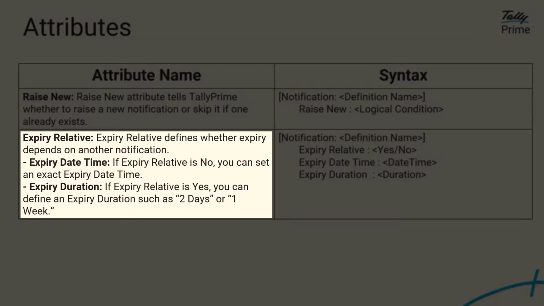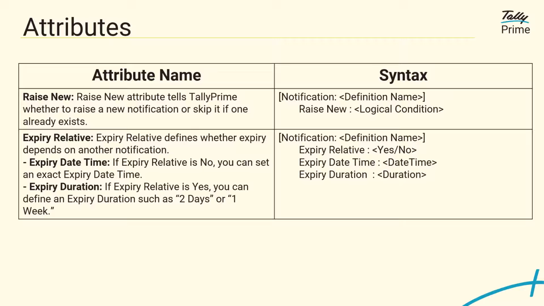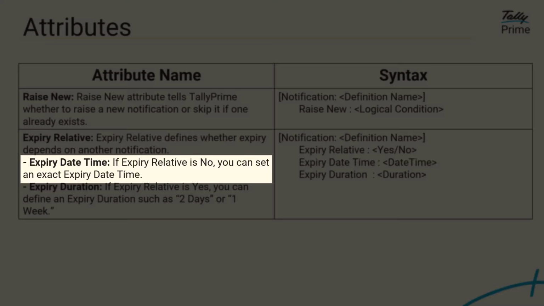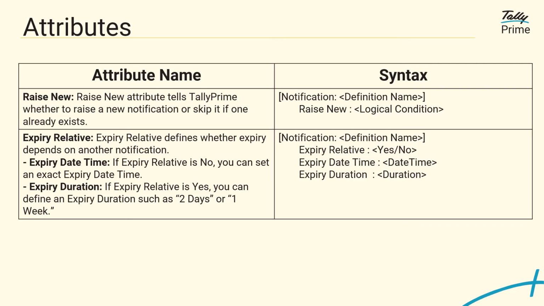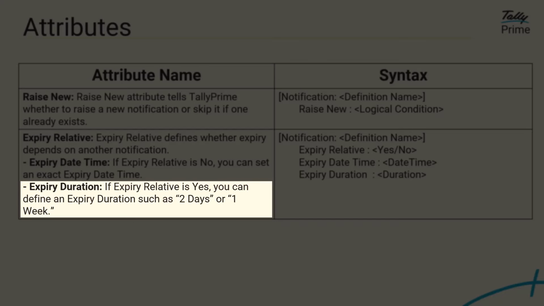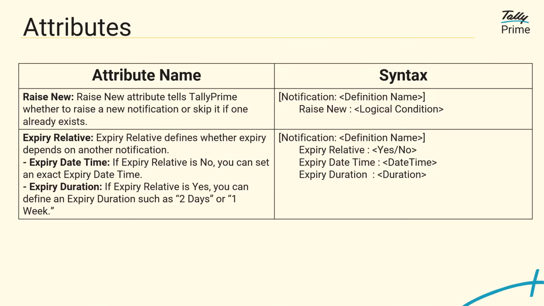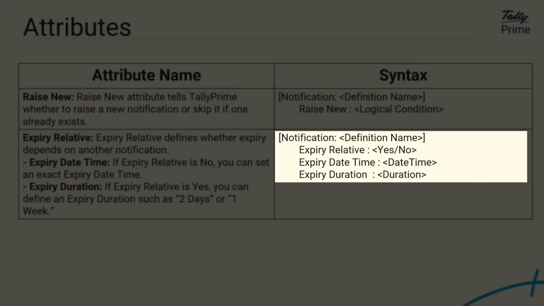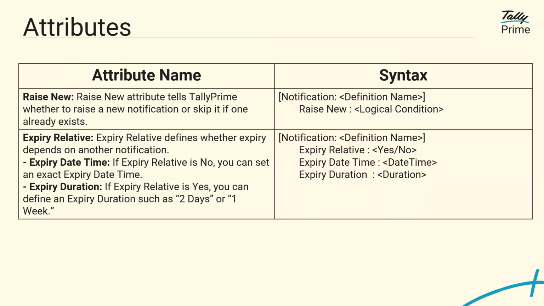Expiry relative defines whether expiry depends on another notification. If expiry relative is no, you can set an exact expiry date time. If expiry relative is yes, you can define an expiry duration, such as 2 days or 1 week. The syntax for this is shown on your screen. This ensures notifications remain timely and automatically clear when they're no longer needed.